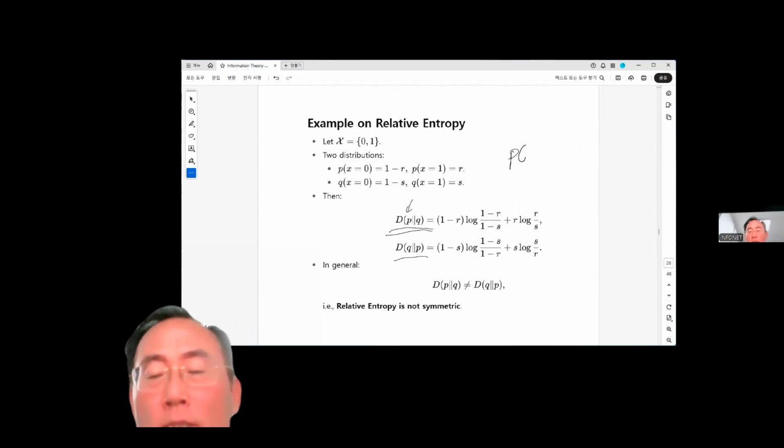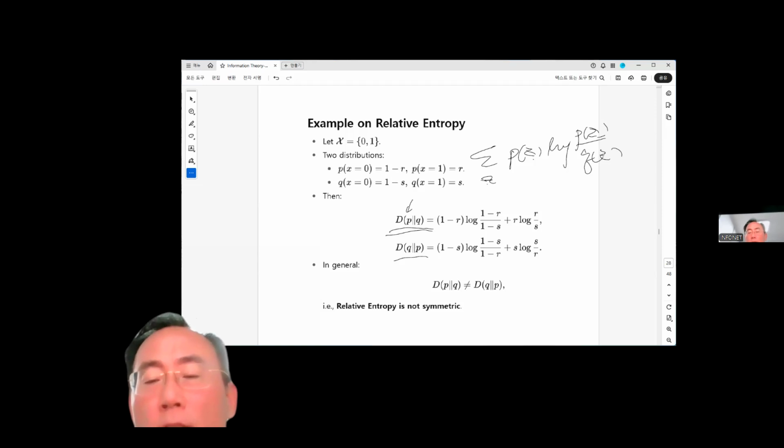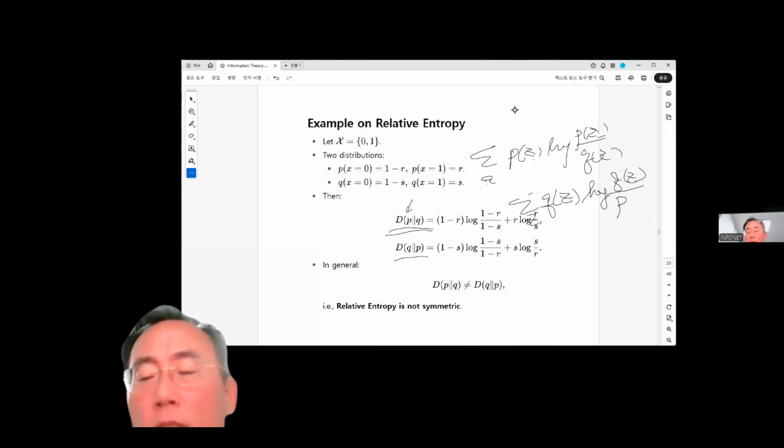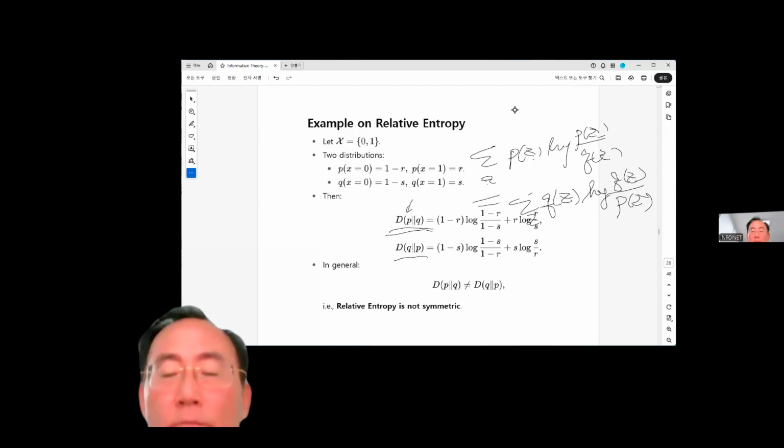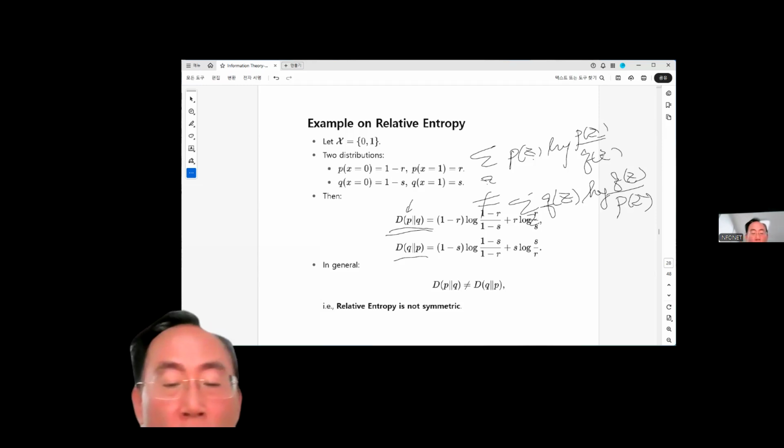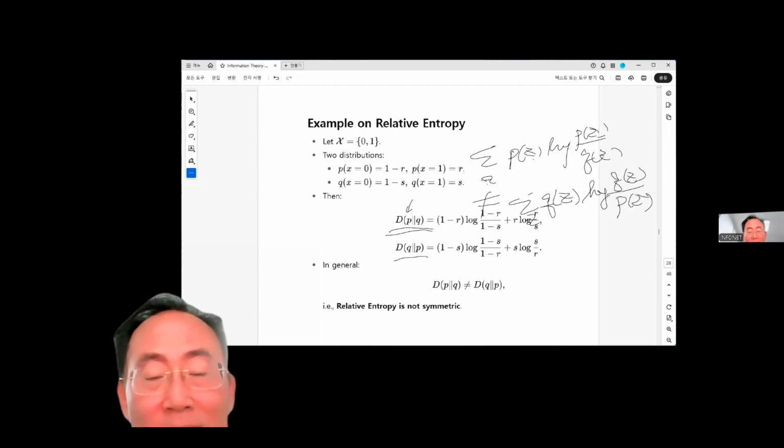Because it is sum over z of P(z) log P(z) over Q(z), versus, if Q appears first, then we are talking about this. So in general, they are different. Relative entropy is not symmetric.